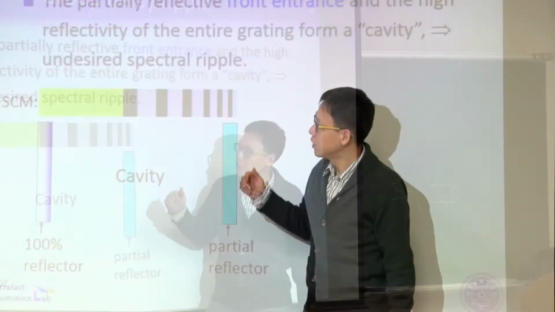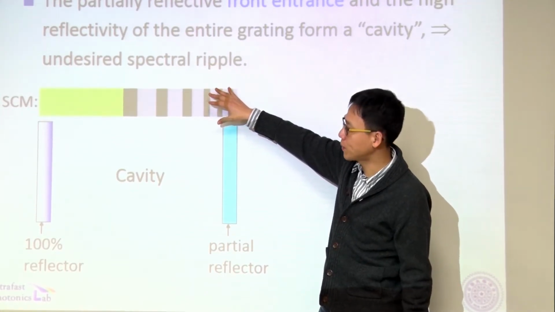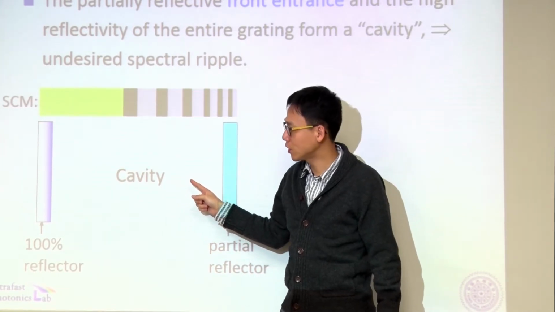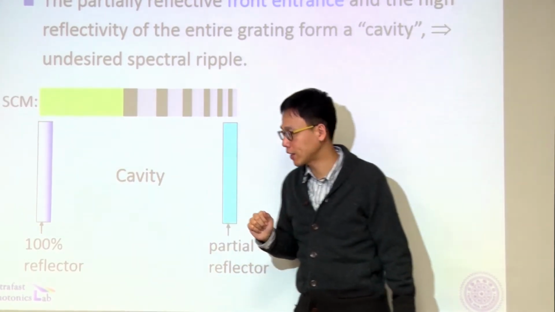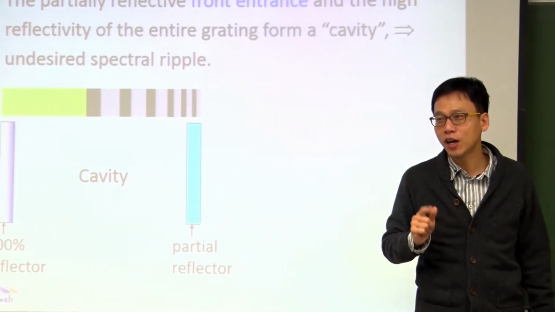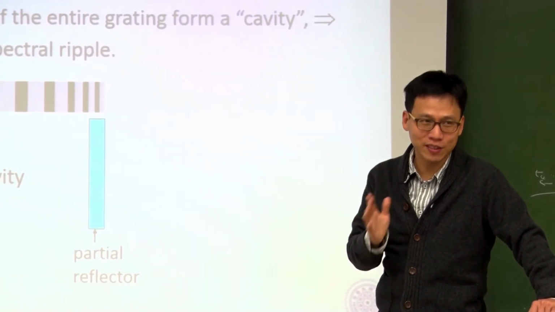Okay? So a simple chirp mirror actually corresponds to a cavity consisting of one perfect refractor and one partial refractor. You have a cavity. And what happens if you have a cavity?